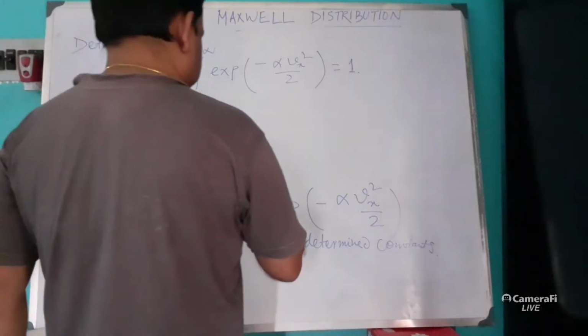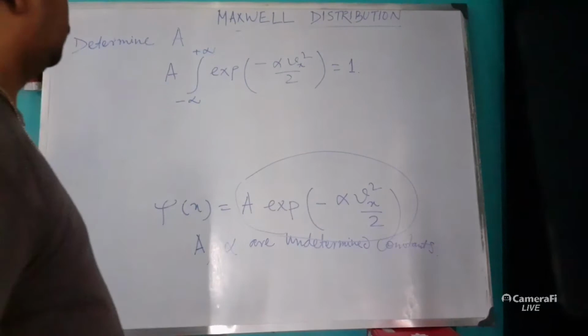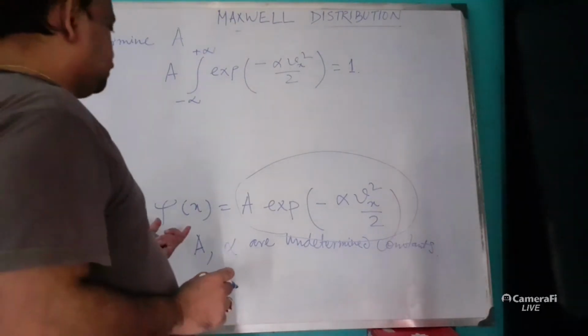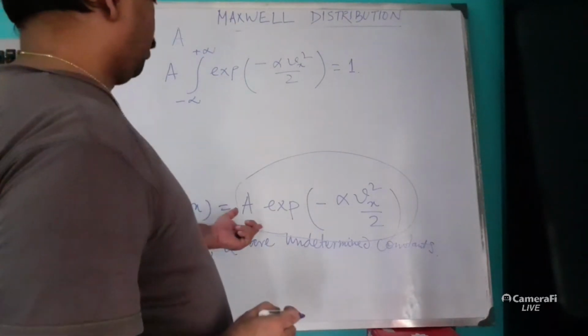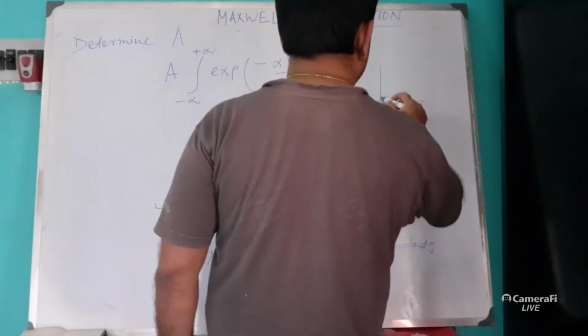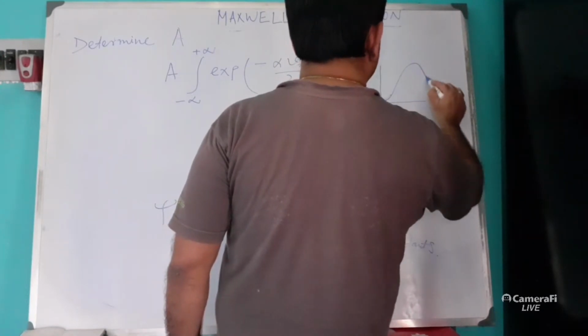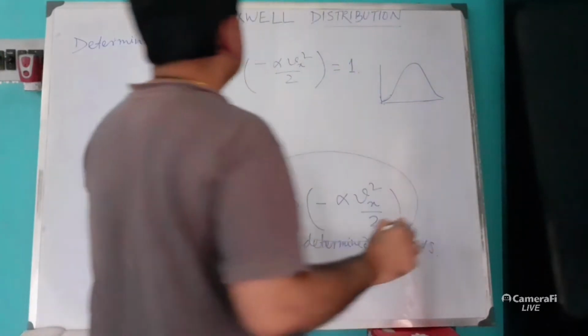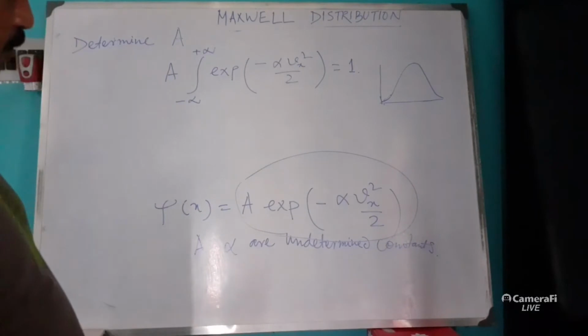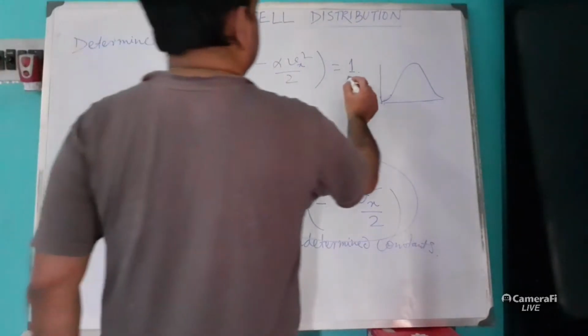Since this is an exponential function and obviously a distribution function, if we plot it, it will actually behave as a normal distribution. So the total probability of this particular integration would give us 1.